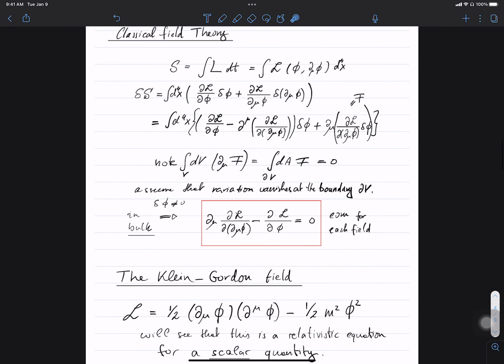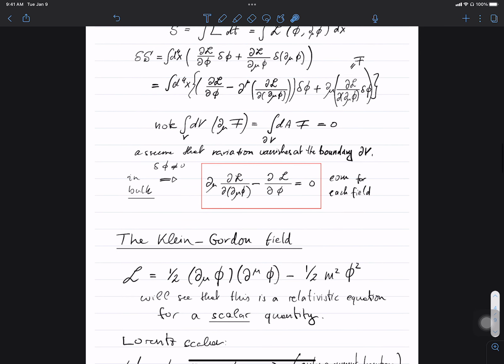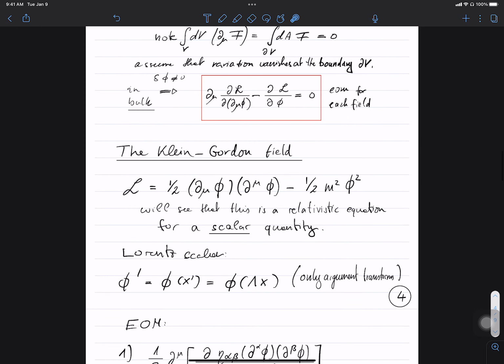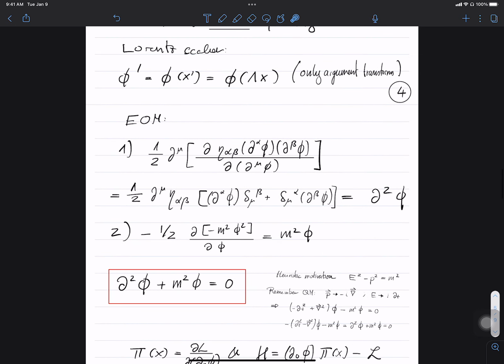Here we know that first we have to compute this derivative of L with respect to derivatives of the field phi.